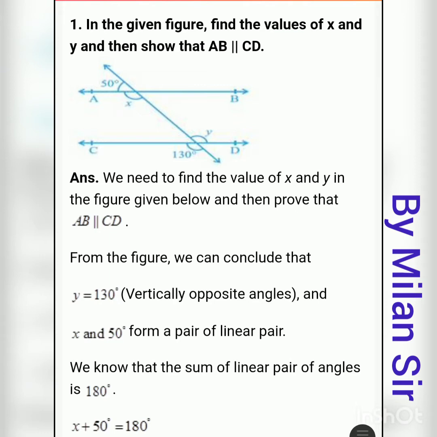That means the addition of these two angles is equal to 180 degrees. So 50 plus x is equal to 180 degrees, and the reason is linear pair of angles.